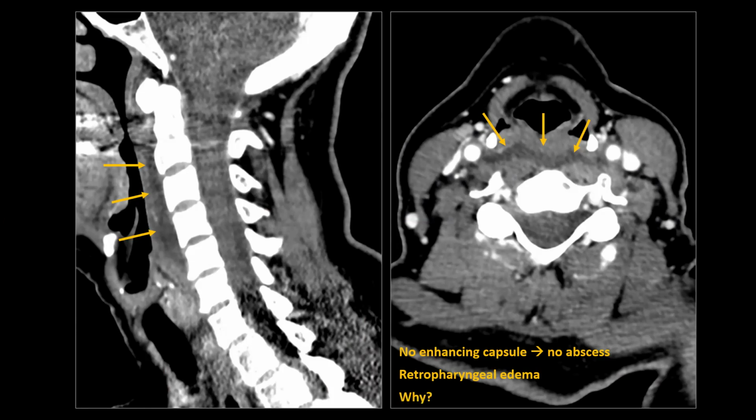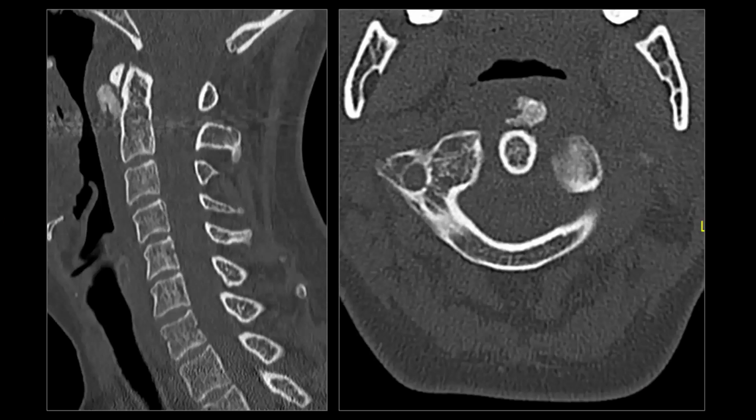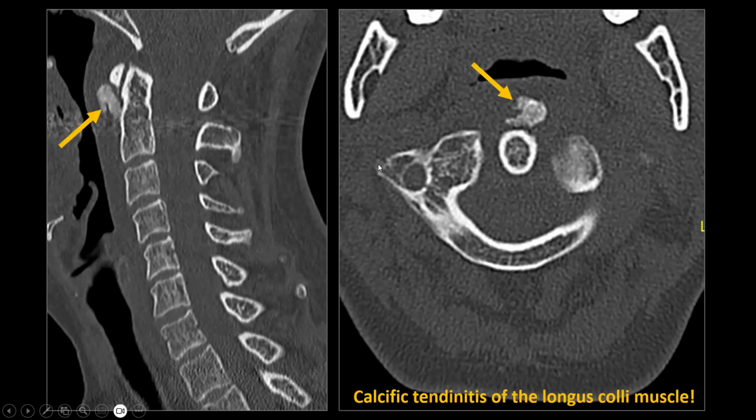In this patient, well, the question is why? We saw some cloud-like calcifications involving the left longus colli muscle, located anteriorly of the dens, and this is the typical imaging appearance of calcific tendinitis of the longus colli muscle.